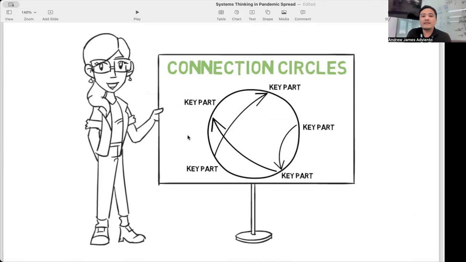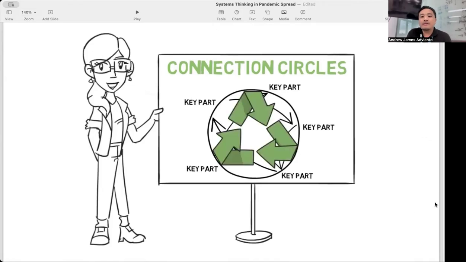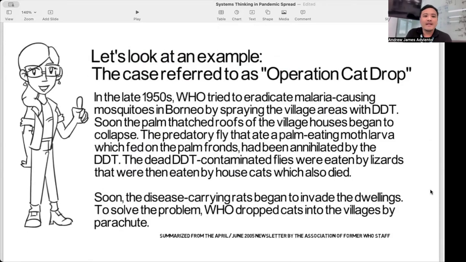As you can see in this illustration, we write the variables around the circle, and then we start to find out their connections using arrows. And hopefully, as we continue to do that, you will find some loop. And from that loop, you can start your CLD. And from the CLD, you can start your BOT.